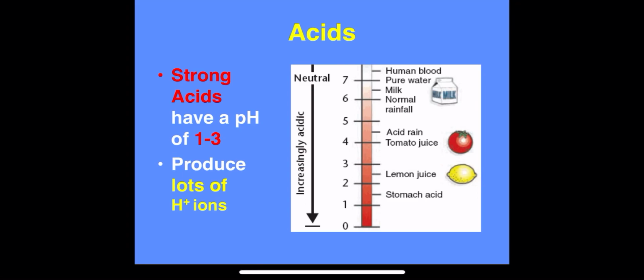As you can see on the figure here, they increase in acidity from neutral pH 7 to 0. So human blood is neutral, pure milk, and rainfall, and with acid rain, and tomato becomes acidic, to lemon juice and stomach acid.